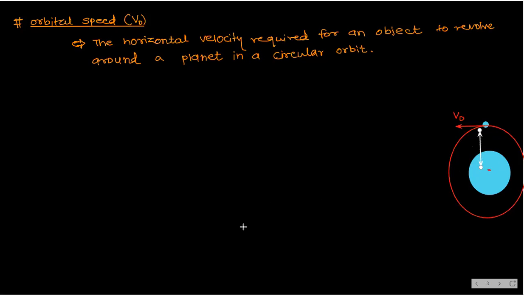Let us suppose R plus h. So this horizontal velocity required for an object to revolve around a planet is called orbital speed. Obviously, it is revolving in a circular orbit. Any doubt? Understood the definition?